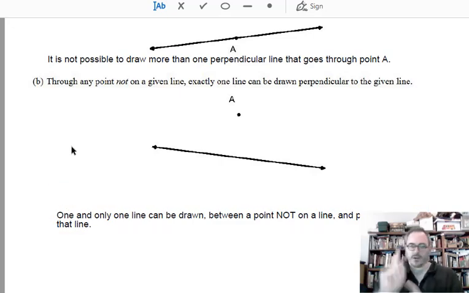That's the takeaway. One and only one line can be drawn between a point not on a given line and also perpendicular to that line.